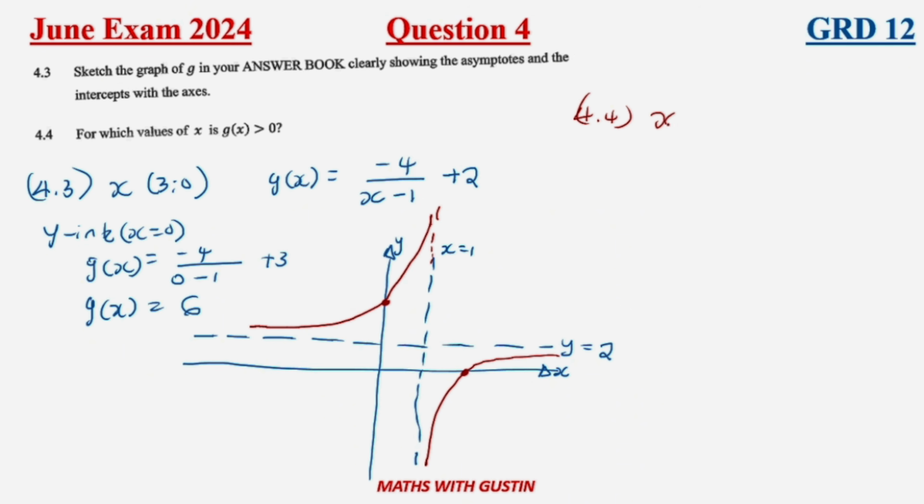So therefore we can say for all the values where x is less than 1, the graph is above the x-axis. Also if you look at this part, from here going there, the graph is above. So you can also say when x is greater than 3, our x-intercept.